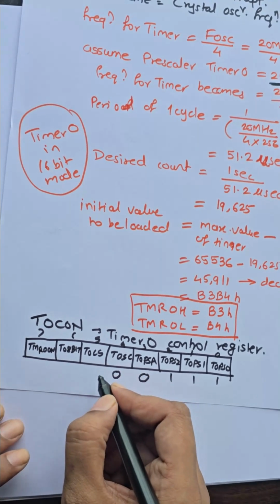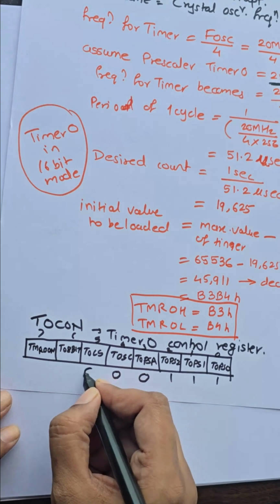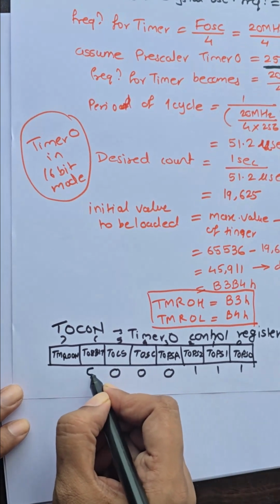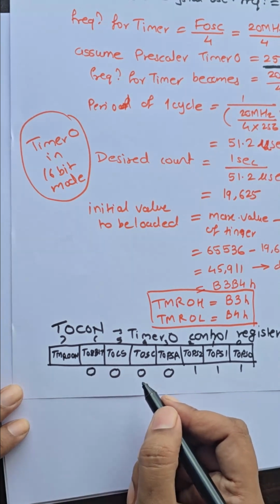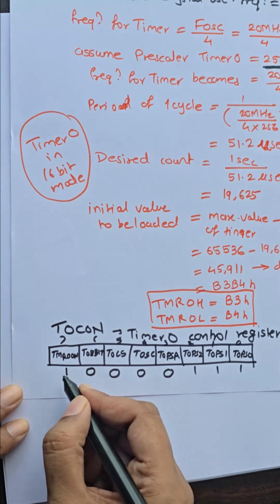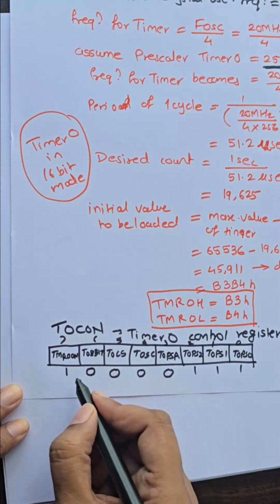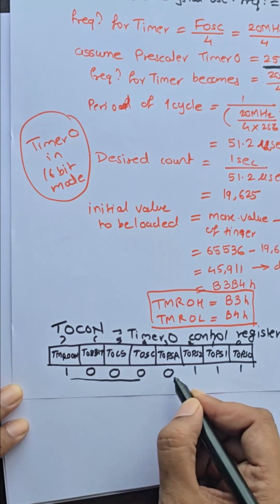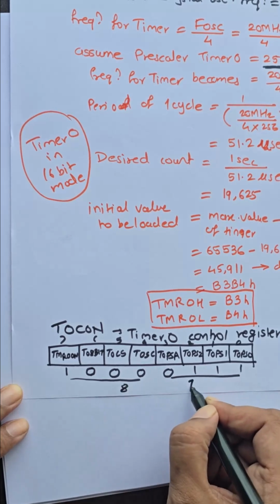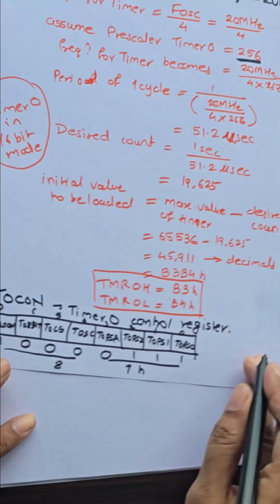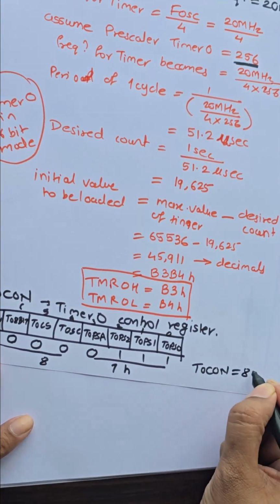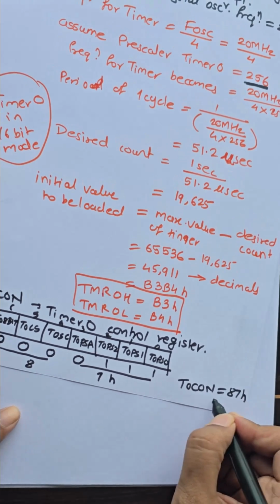T0CS will also be 0 as we are using the internal clock source. We are operating the timer in 16-bit mode, so this bit will also be 0, and we have to make the timer on, so this bit will be 1. The corresponding value becomes 87H. So the T0CON register will be loaded with the 87H value.